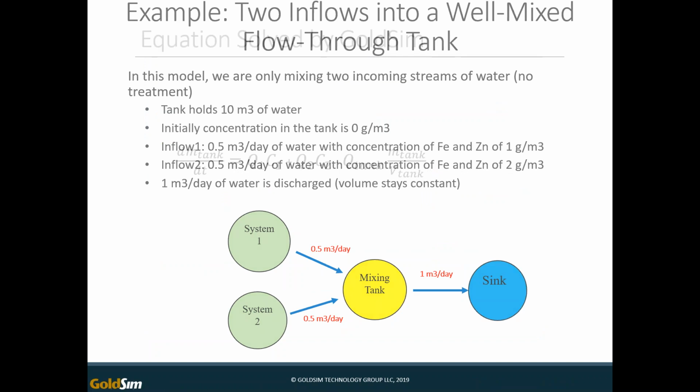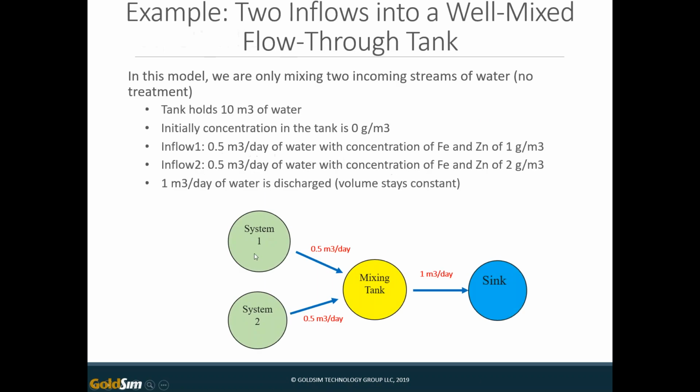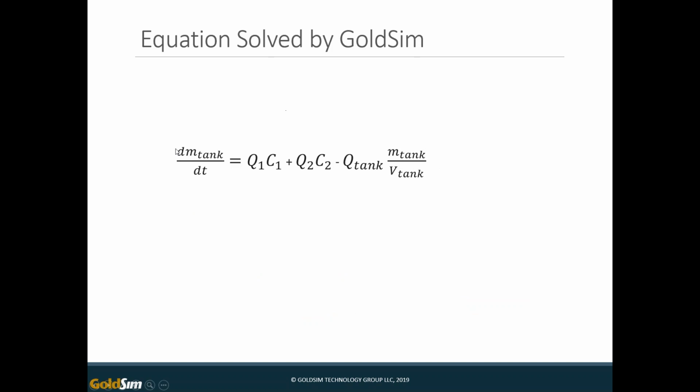And just to show you what GoldSim is actually solving: in this very simple system, there's actually an equation for each cell. In this case, the equation for the tank just says the rate of mass change in the tank is what's coming into the tank, Q1, the flow from upstream system 1, times the concentration of upstream system 1, plus Q2 times upstream concentration 2, minus the flow out of the tank times the concentration in that tank.